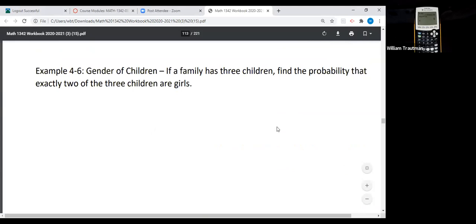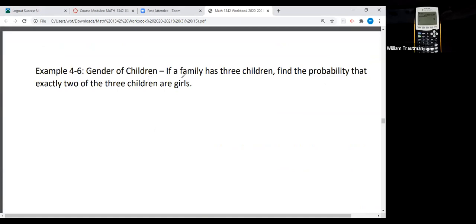If a family has 3 children, find the probability that exactly 2 of the children are girls. Remember, our 3 children were boy, boy, boy, and I've got to write them all down again because I erased them.